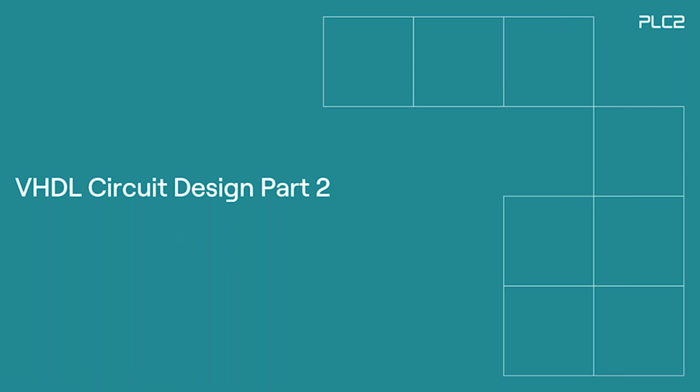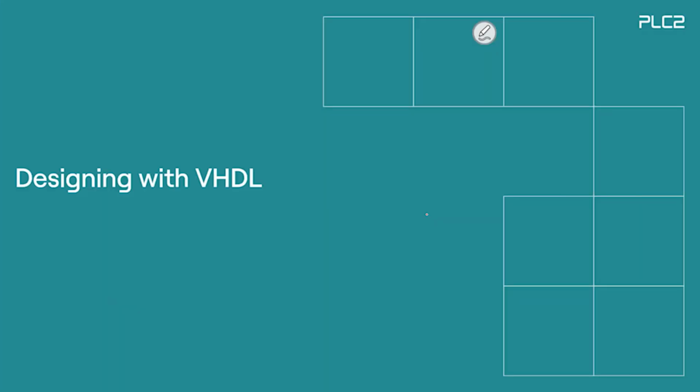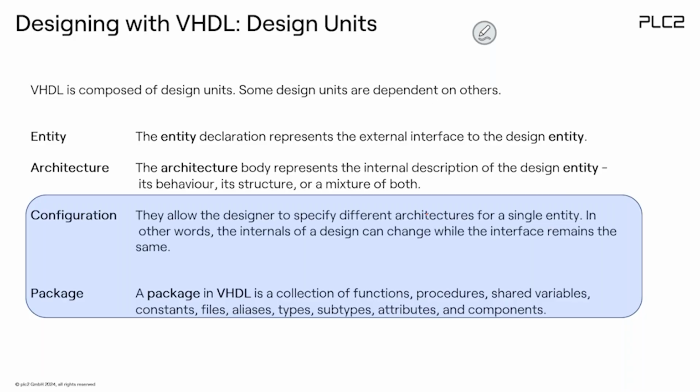So the second part starts right here with designing with VHDL. This was part number one. Now we are starting with the objects we are going to deal with whenever we start designing with VHDL.